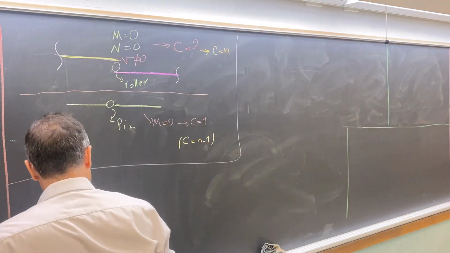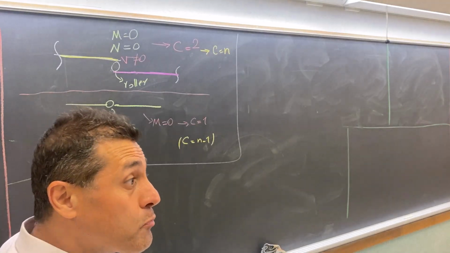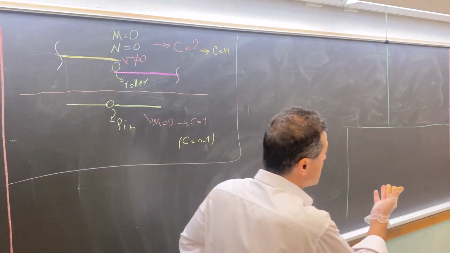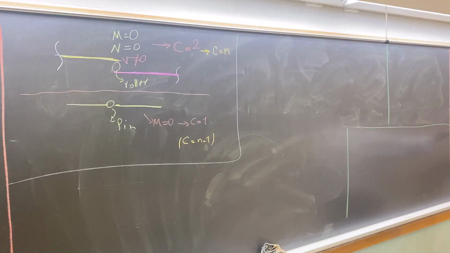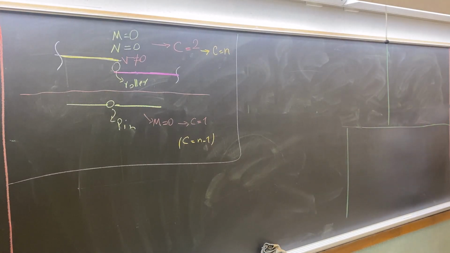So now, the same discussion goes for internal roller support. Remember, we have internal pin support. Then we can have internal roller support by just a little change. For example, if I change it in this way, then it is internal roller support.